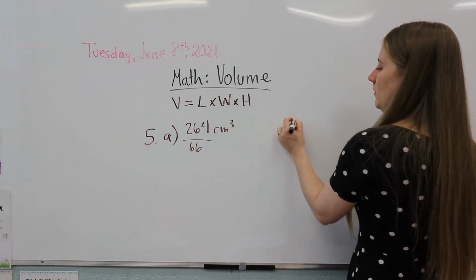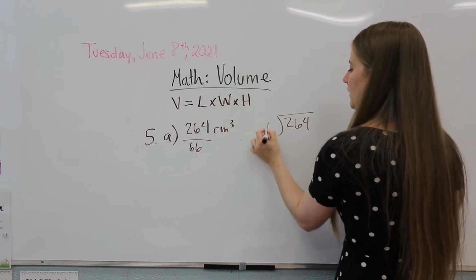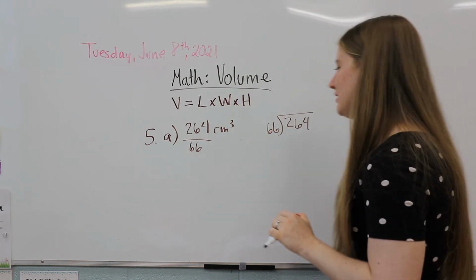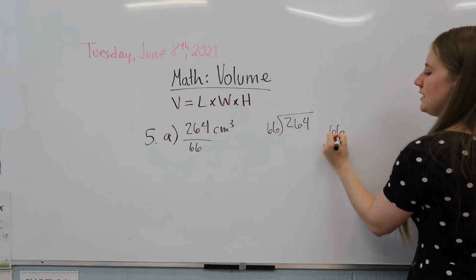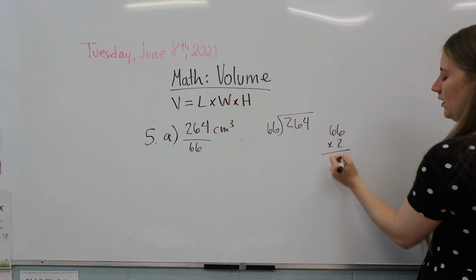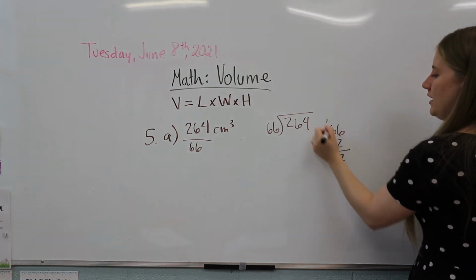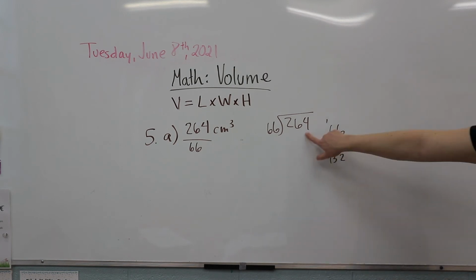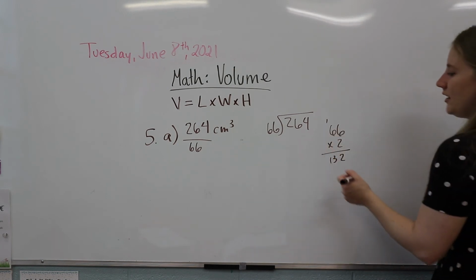And the easiest way to do this is, of course, to do the guess and check. And so I'm going to start by multiplying 66 by 2 to see what value that gets me. Okay, so 6 times 2 is 12, and 12 again, so it's 132. Oh, which is half of 264.